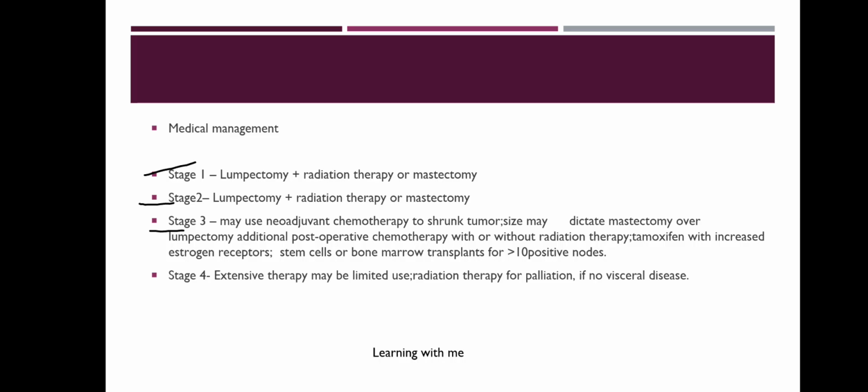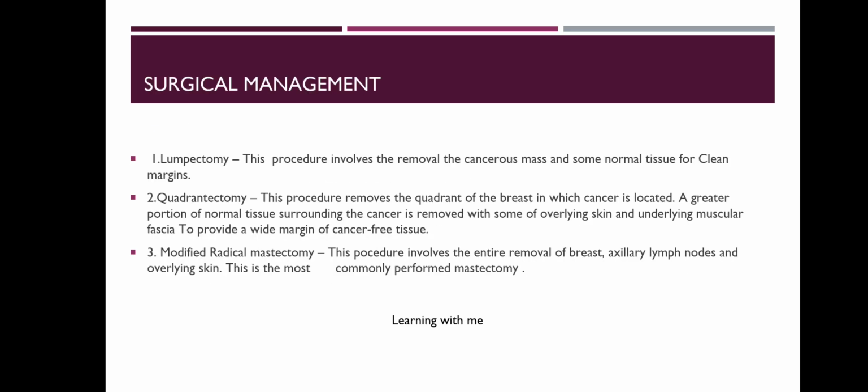Additional post-operative chemotherapy with or without radiation therapy. Tamoxifen with increased estrogen receptors, stem cell or bone marrow transplant for more than 10 positive nodes. Stage 4: extensive therapy may be of limited use, radiation therapy for palliation if no visceral disease.